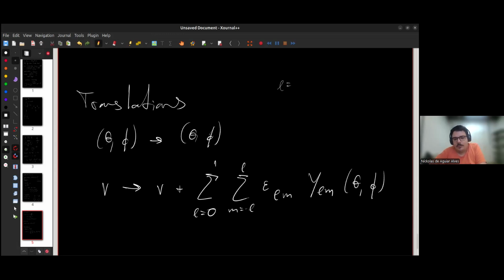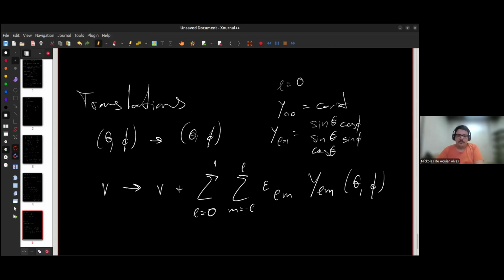So for L equals 0, what we're going to have is just Y_0,0, and this is a constant. So nothing particularly special. While for L equals 1, what we're going to have here is something along those lines that I was writing earlier. So we have sine of theta, cosine of phi, sine of theta, sine of phi, and cosine of theta. So this is just the structure. For spatial translations, you get spherical harmonics with L equals 1, while for time translations, you get spherical harmonics with L equals 0. And this is the structure you have for translations.